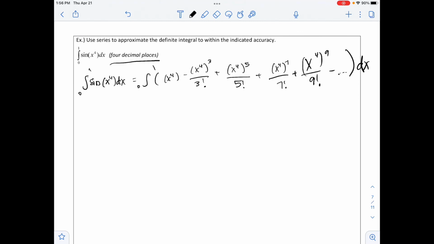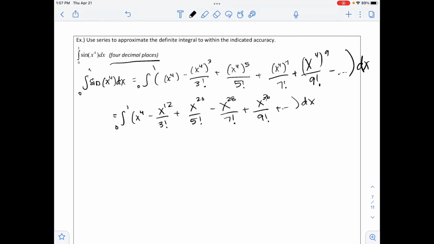And so simplifying this, we would have the integral from 0 to 1 of x to the fourth minus, and this is now x to the fourth raised to the third, which is x to the 12th over 3 factorial, plus x to the 20th over 5 factorial, minus x to the 28th over 7 factorial, plus x to the 36th over 9 factorial, and again this continues on, dx.